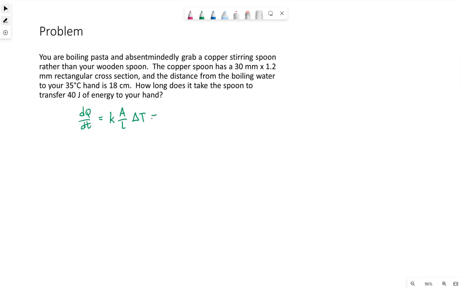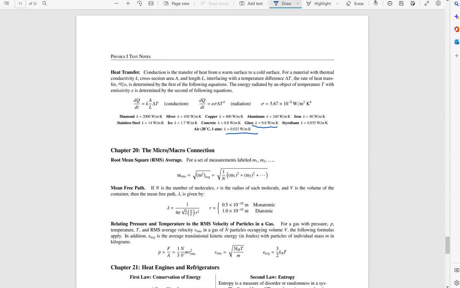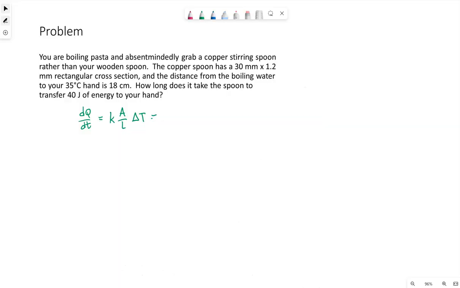If I come to the test notes, we are using a copper spoon. So copper is 400 watts per meter Kelvin.